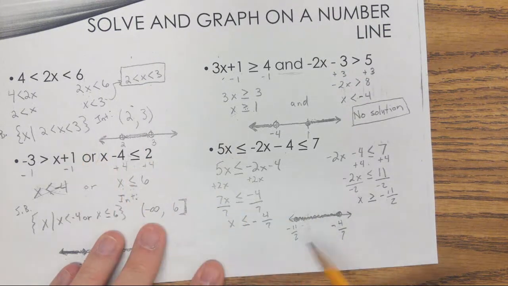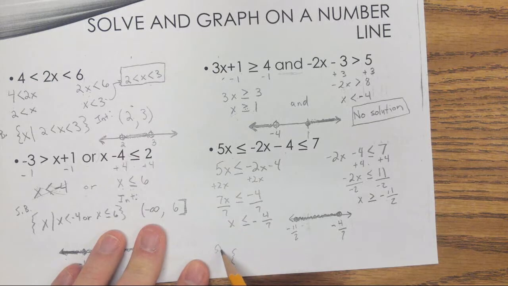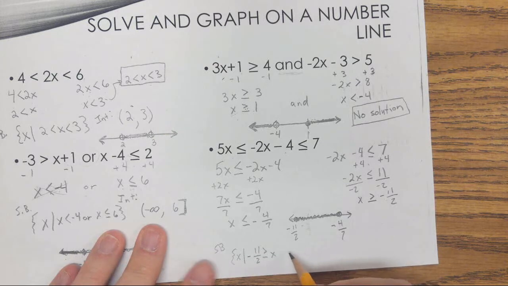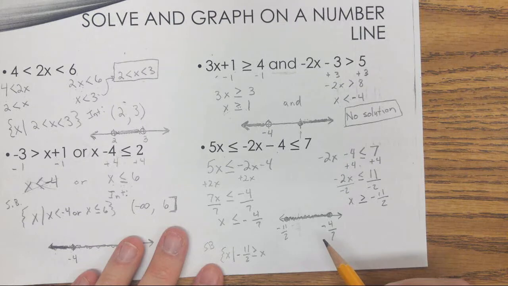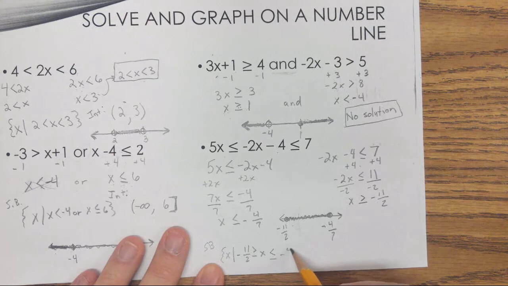Now let's write our set builder notation. This is going to be negative 11 over 2 less than or equal to x, less than or equal to negative 4 over 7.